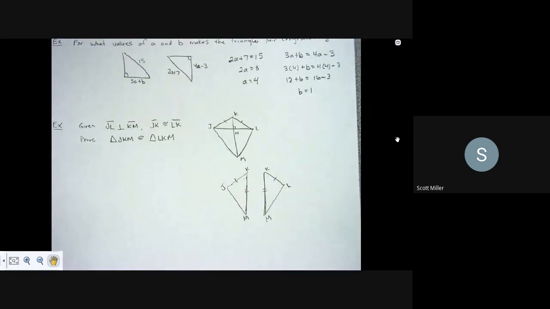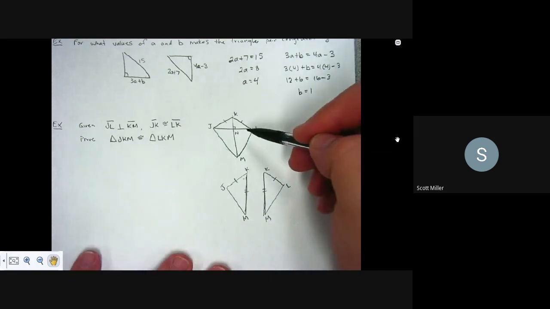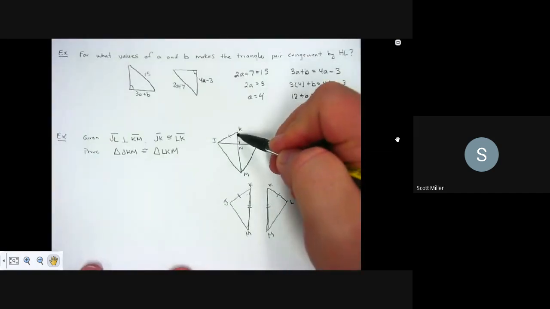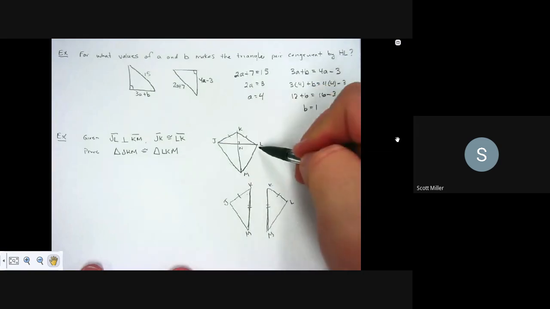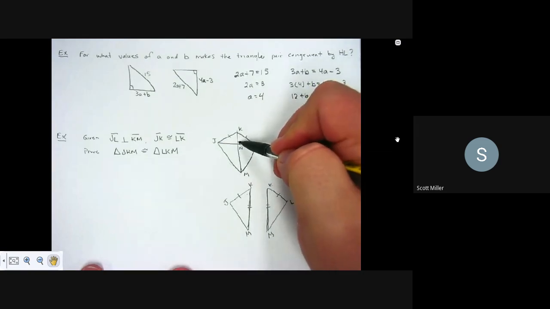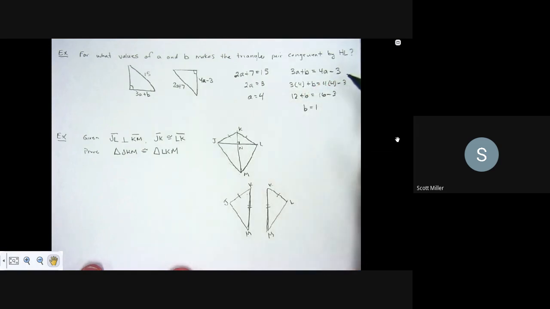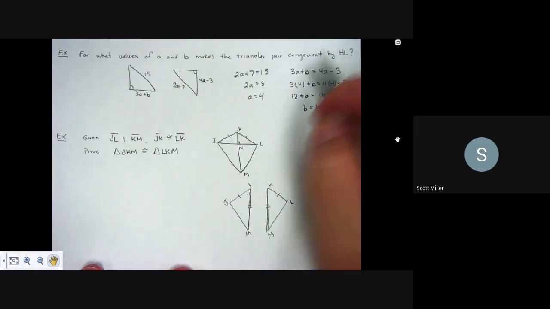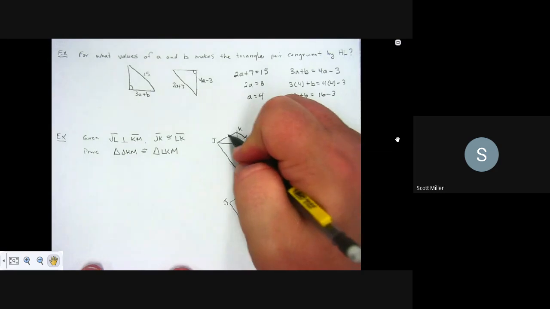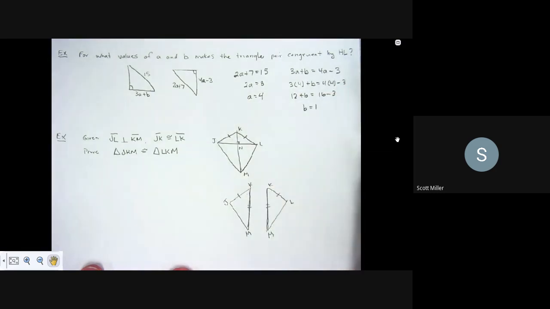Okay. And I'm thinking, yes. Let's walk through it. In my picture over here, I notice that I have these little diagonals drawn. This is now a 90-degree angle, which means these two triangles right here are right triangles. And I have shown already, or given, that the hypotenuses are indeed congruent.